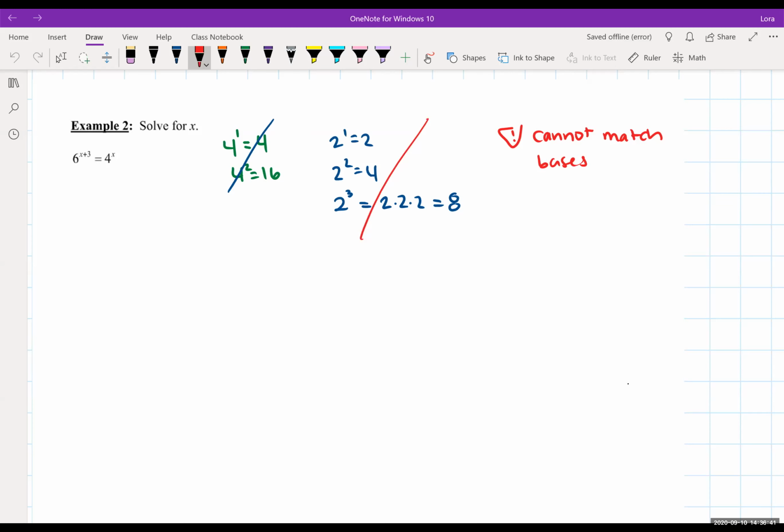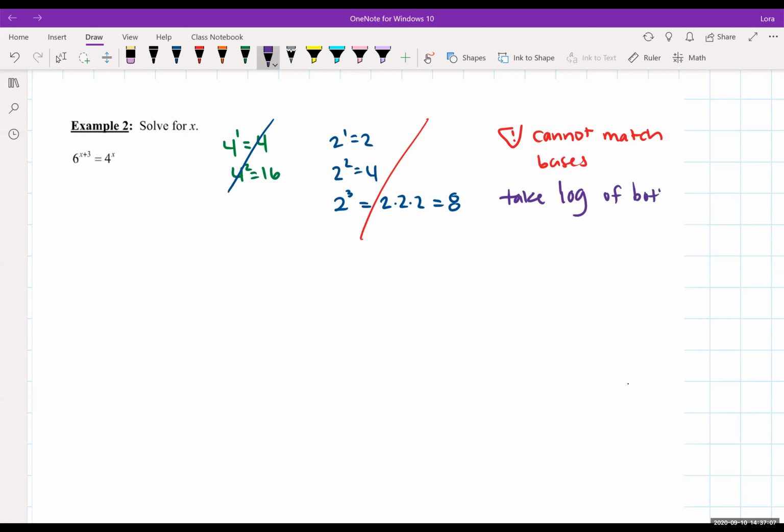If that is the case, we have a first aid to take care of this. We have the properties of logs that we've dealt with. We can take the log of both sides of the equation and see where that leads us. Remember, when you cannot match the bases, you can take any log that you'd like, but usually you take the log with base 10.